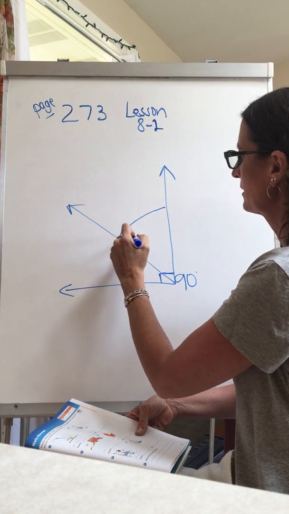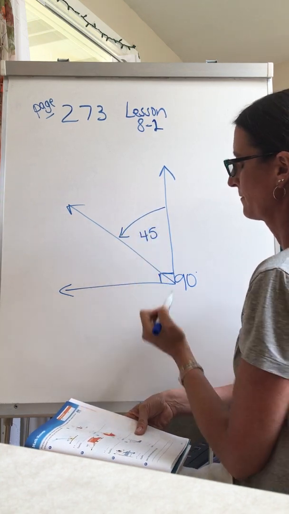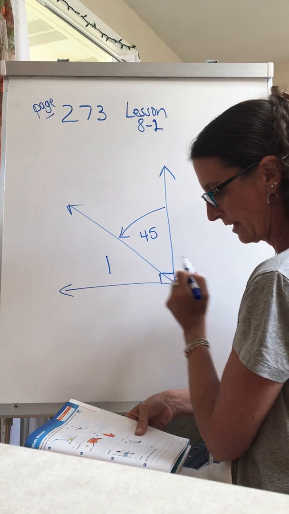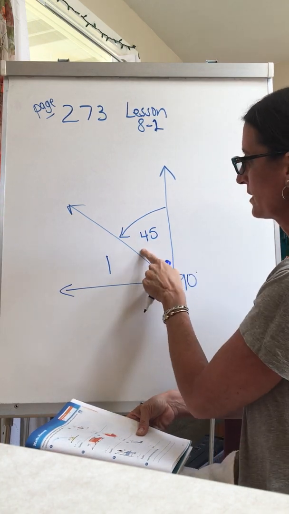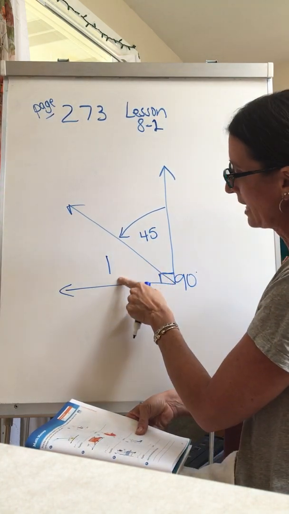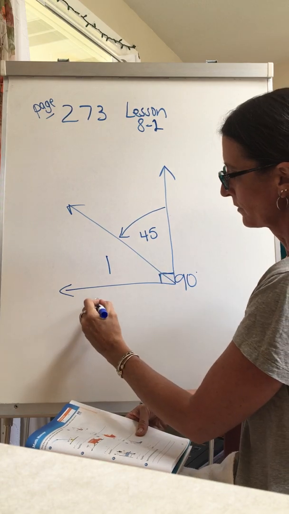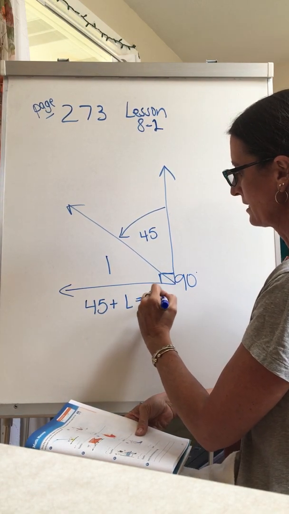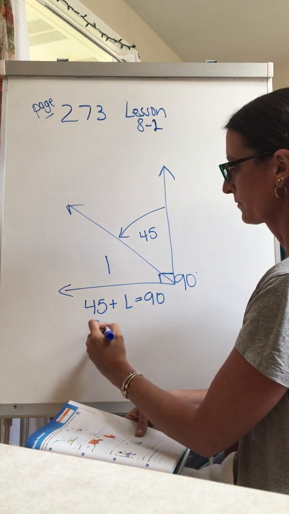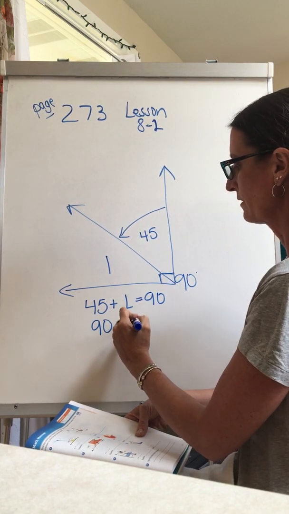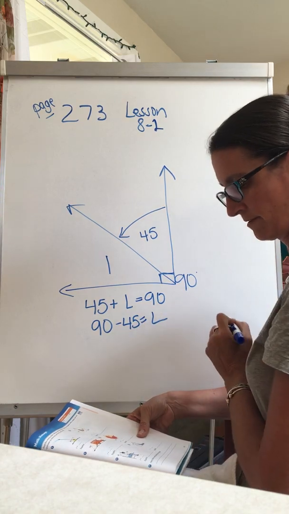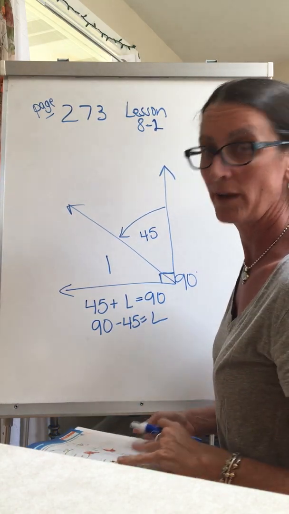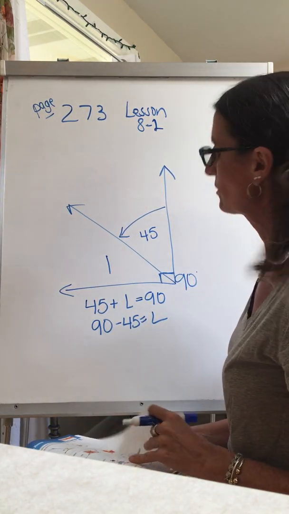If this is 45 and angle L, we know this angle of 45 plus L equals 90. So 45 plus L equals 90, or 90 minus 45 equals L. Okay? So that's it for page 273.